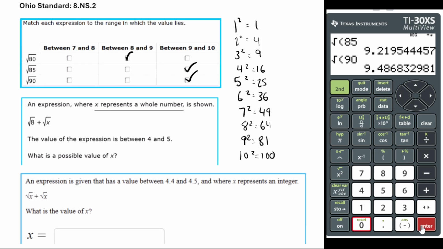Which means if you take the square root of 9, you would get 3. That's what perfect squares are.